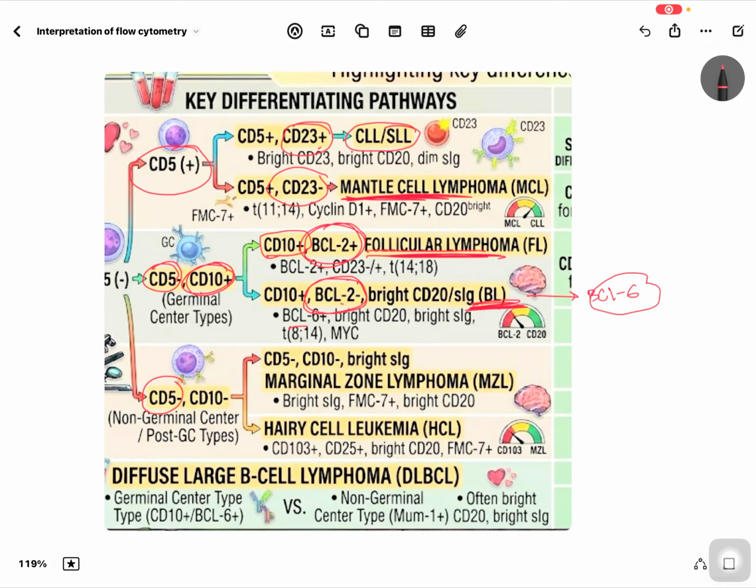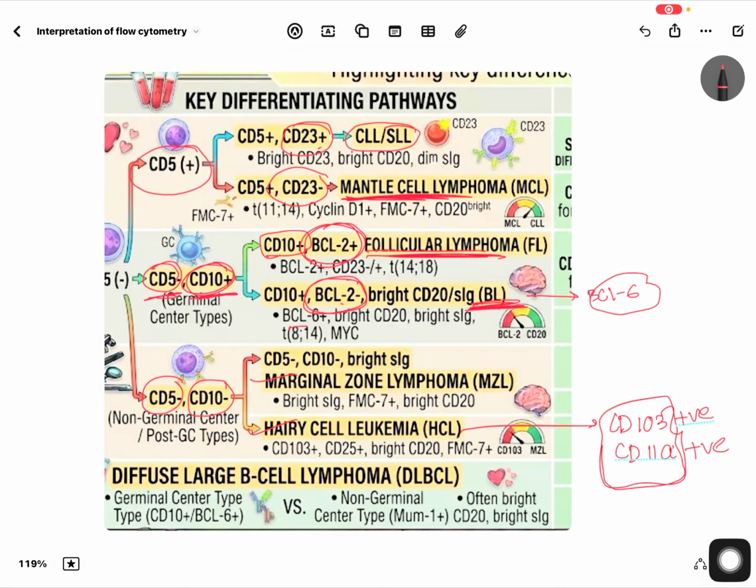When both CD5 and CD10 are negative, it becomes marginal zone lymphoma or hairy cell leukemia. But in hairy cell, along with CD5 negative and CD10 negative, you should also have CD103 positive and CD11c positive. This is the most important thing.